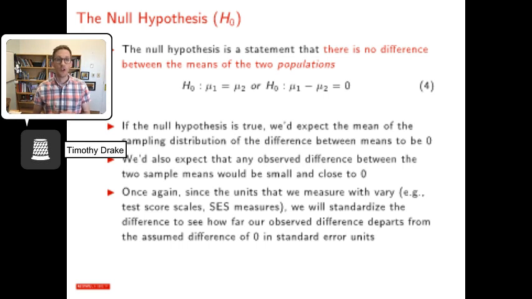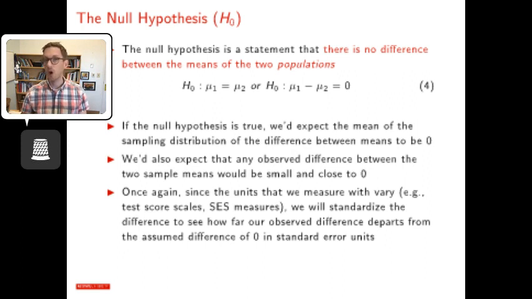So the null hypothesis in the case of the independent samples t-test in general is going to be that there is no difference between the means of these two populations. So to go back to our example, there's no difference in attitudes or perceptions about graduate school from master's and PhD students. That is, mu sub 1 equals mu sub 2, or mu sub 1 minus mu sub 2 equals 0, okay? Two ways to state it.